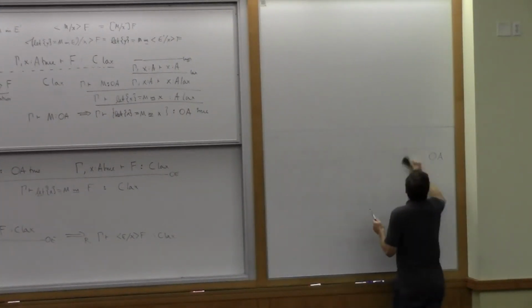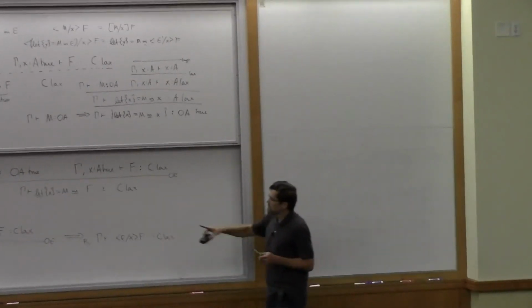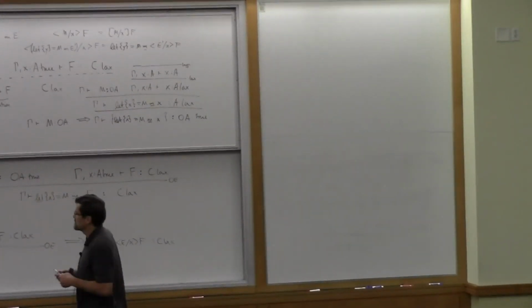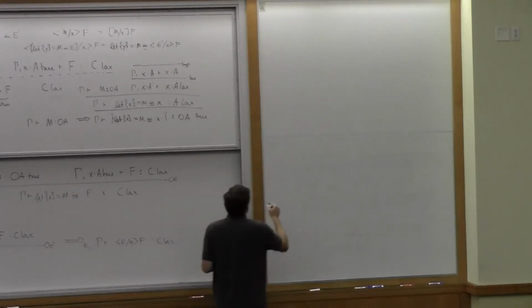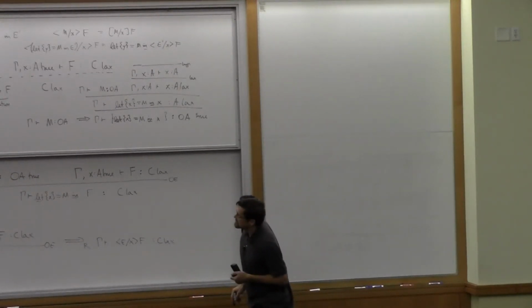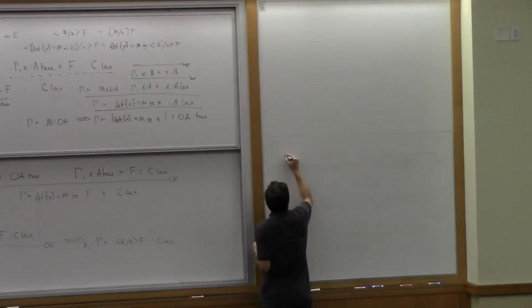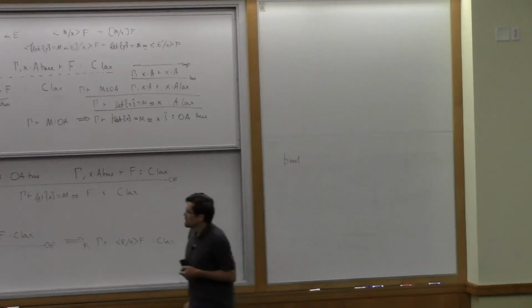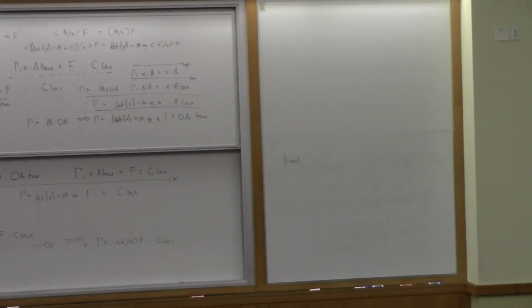Okay, let's see if you can write this down. In terms of the return and bind over there. So you want to use bind, and we want to use return as this argument here?